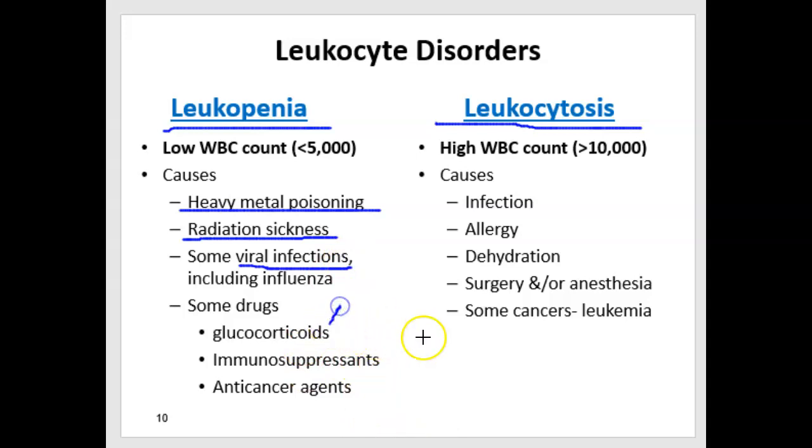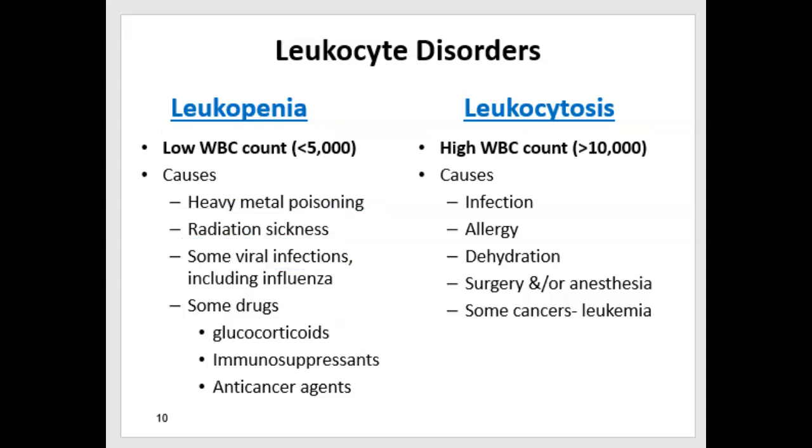Cortisol, glucocorticoids can. And then, of course, some people take immunosuppressants if they have an organ transplant. And certain chemotherapy agents will destroy white blood cells as well. And so the problem with leukopenia, of course, is you have less of an ability to fight infection.